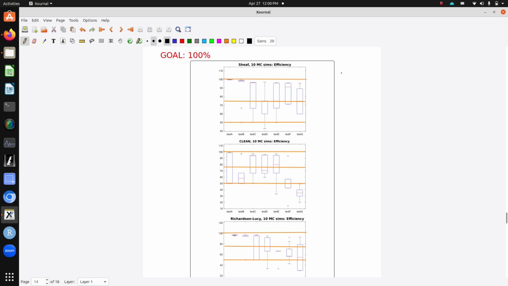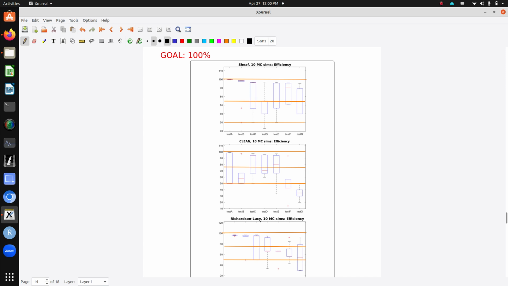I put horizontal lines at 100, 75, and 50, so you can see that the sheaf is outperforming CLEAN. You can tell by looking at where the boxes are. And then again, it's also outperforming Richardson-Lucy. And again, the sheaf is performing, on much more of the data, between 75 and 100% efficiency than the other two models.